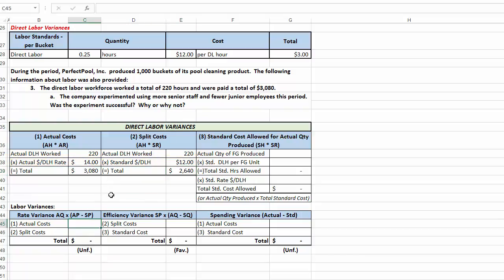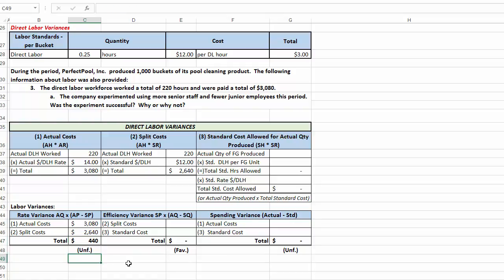So let's compute that variance. $3,080 in actual cost and $2,640 in cost expressed at the standard rate. We have an unfavorable variance of $440.